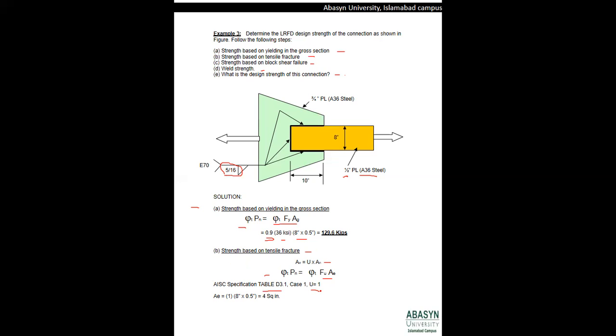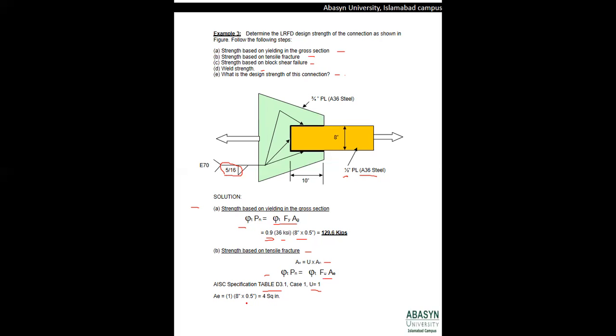Moreover, I have also told you that whenever we have welded connections, its value is always equal to 1. However, for bolts, its value can be 0.85, 0.6, or 0.9, depending on the type of the section, whether we have a W section, S section, I section, C section, or whatever other type of structure we have.